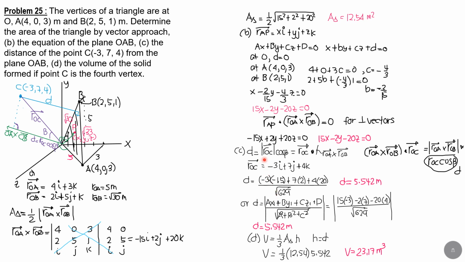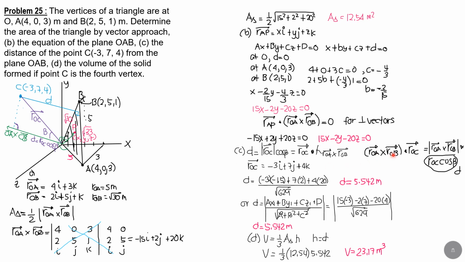So D is the magnitude of ROC cosine beta, and it is equal to ROC dot the unit vector of ROA cross ROB by definition. Or you may begin with the dot product ROC dot ROA cross ROB.